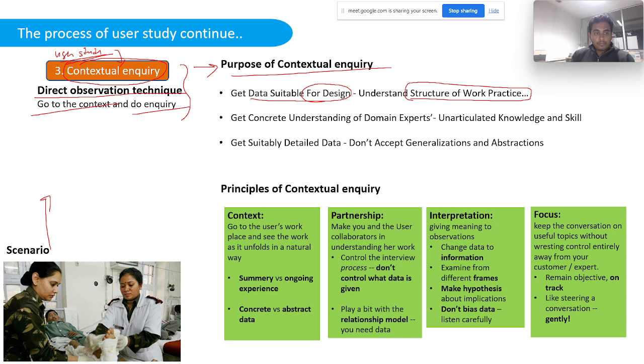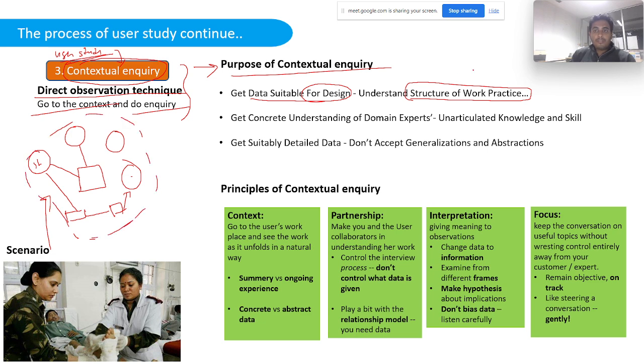In this particular setting, you need to understand who the users and stakeholders are, how they use certain facilities, how they perform various activities, and how the stakeholders are related to one another. So this structural representation of work practice you need to identify and understand in a contextual inquiry process. That is one of the objectives.